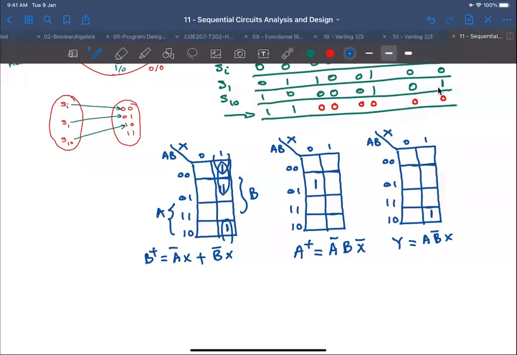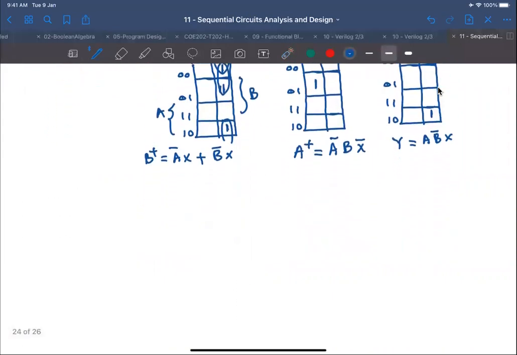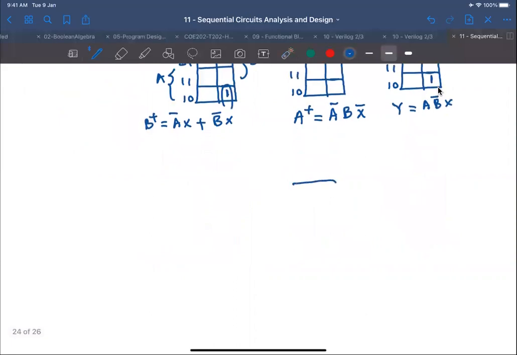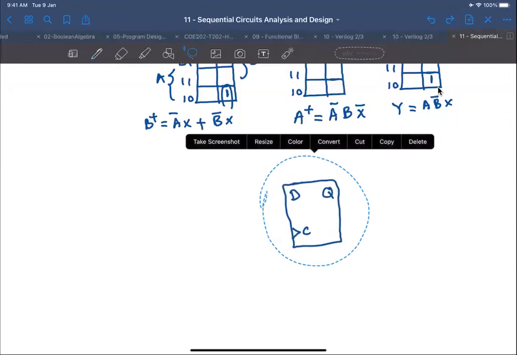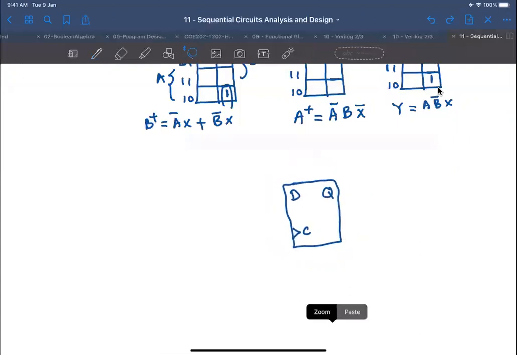Now you have your next state, which is the flip-flop input, and you have your output, right? So all you have to do is to draw the two flip-flops, D and then the clock. I'm assuming a positive edge triggered flip-flop. And this is my Q. So this is my flip-flop A. Let me just copy this and paste it and label it separately.